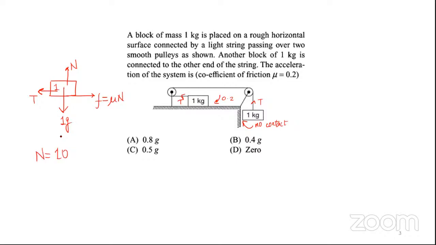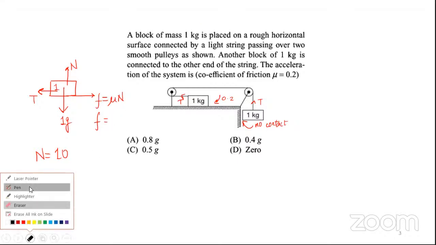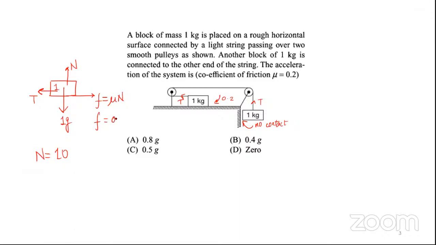I'll just take g as 10. So N is 10, so friction will be, what is mu? Mu is 0.2 into 10, that is 2.